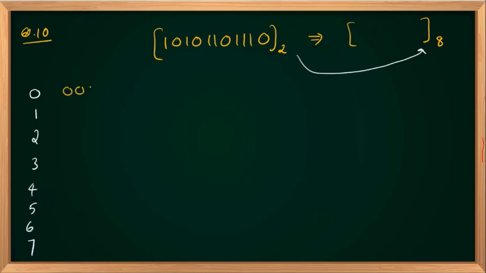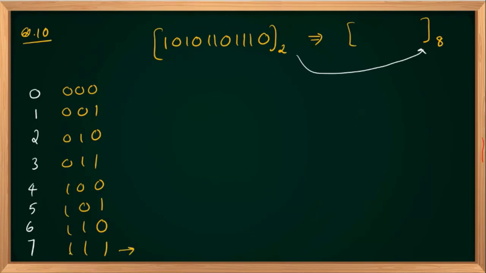So 0 is 000, 001, 010, 011, 100, 101, 110, and 111. This is decimal 7, right? 4 plus 2 plus 1, 7. This is 4 plus 2, 6. This is 4 plus 1, 5. This is 4. This is 2 plus 1, 3. This is 2. This is 1. And this is 0. Decimal.